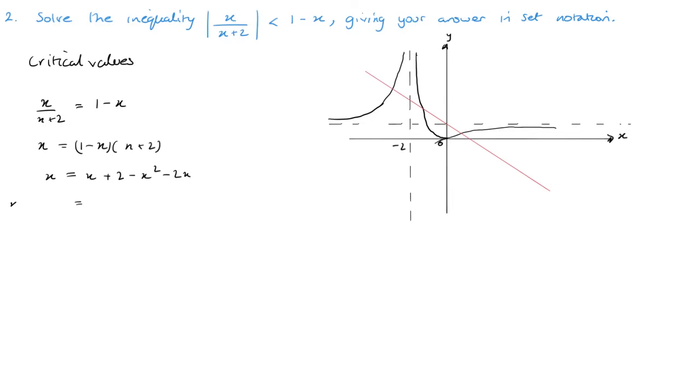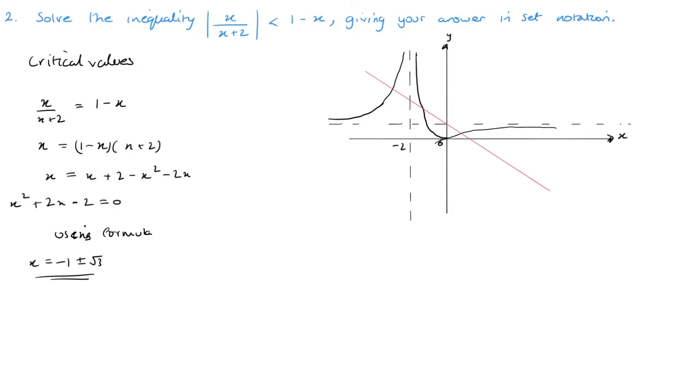So that is x squared, we've got minus 1x, so plus 2x minus 2 equals 0. And then using the formula, obviously you put down the values of the formula. Don't just jump straight to the answer as I am doing. So we get 1 plus or minus root 3.